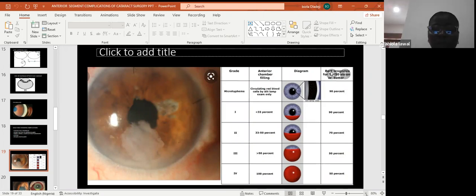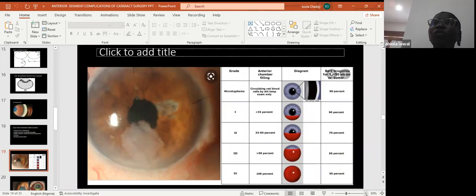So you can have lens fragments, retained lens fragments. If it is cortex, it's better than when it's nucleus, because it's been found that the nuclear lens matter is more likely to give raised intraocular pressure compared to the cortical remnants.